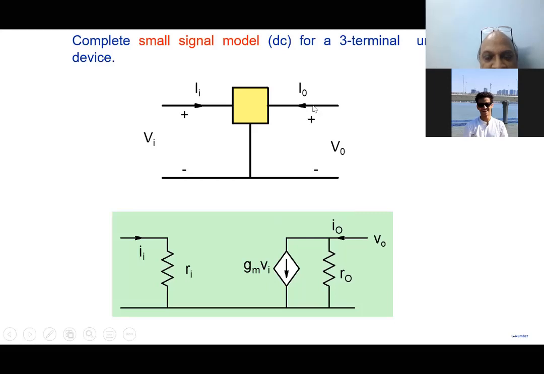And a transistor is nothing but a three-terminal, nonlinear device. And we just said that any three-terminal nonlinear device model would be like this, a unilateral device. And therefore, even a transistor would look like this. I can describe the transistor under small signal condition by these elements here: a resistor here, a voltage dependent current source, and an output resistor here.